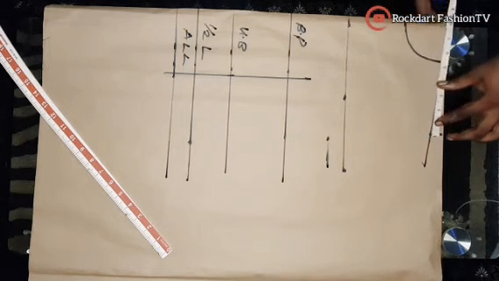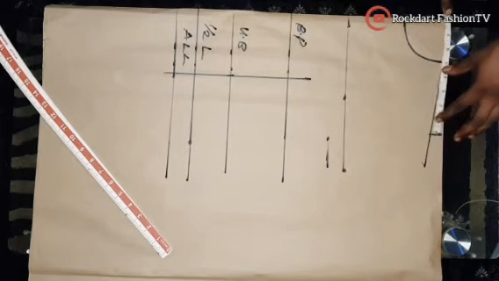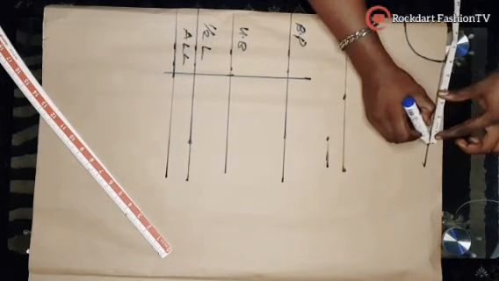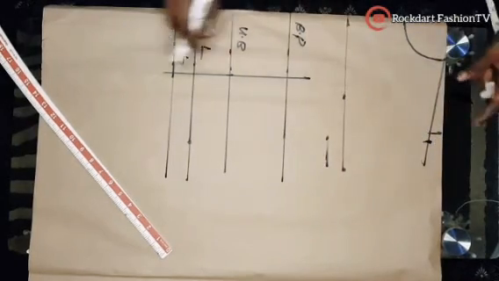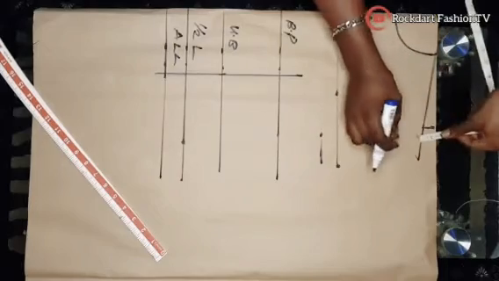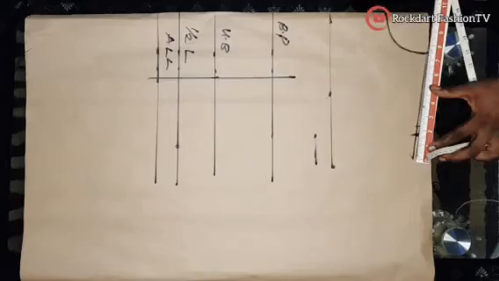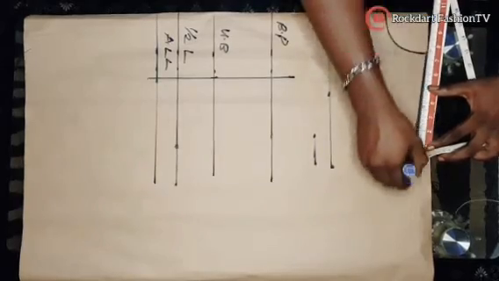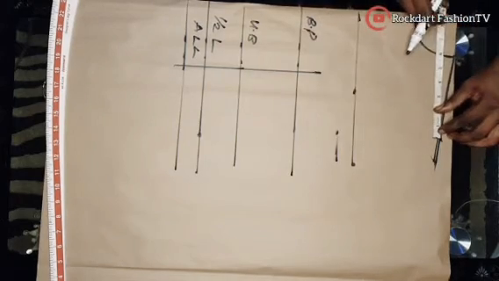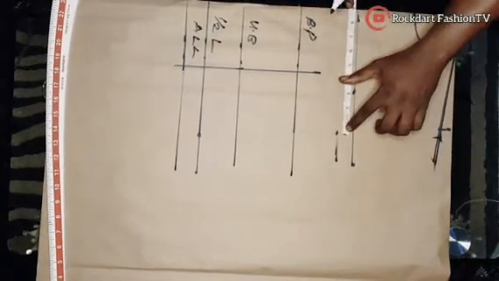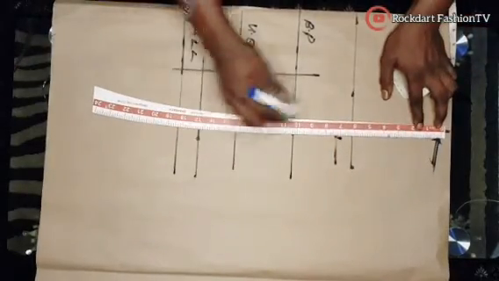8 inches here. Let me add sewing allowance of 1/2 inch. So take the distance from here to here, just to have a straight line.